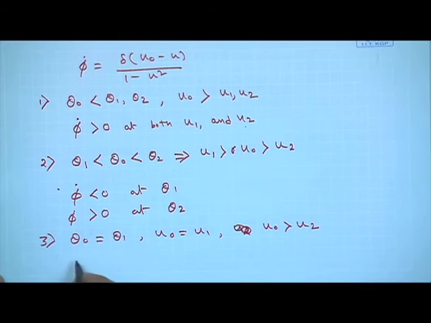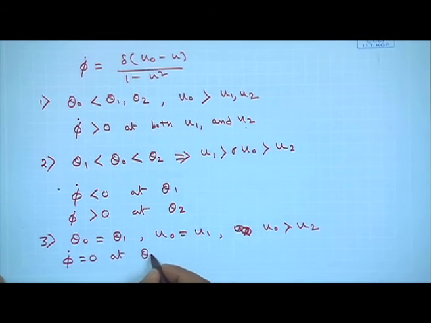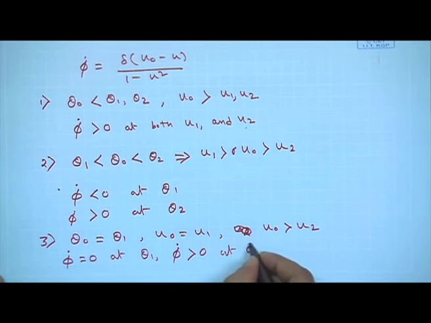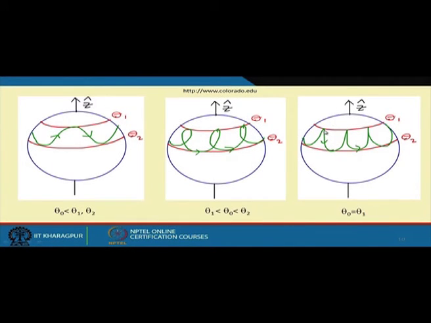In this case, phi dot is equal to 0 at theta 1, and phi dot is greater than 0 at theta 2. So, we have a precession which is 0 at one limit and greater than 0 at the other, and it is a cusp, this particular shape is called a cusp. And this is the trace.